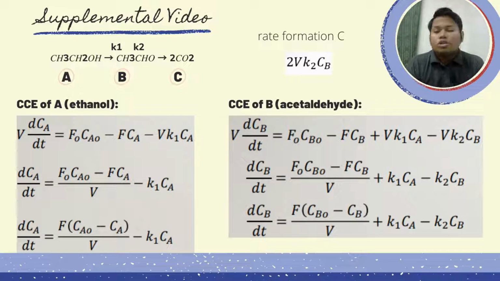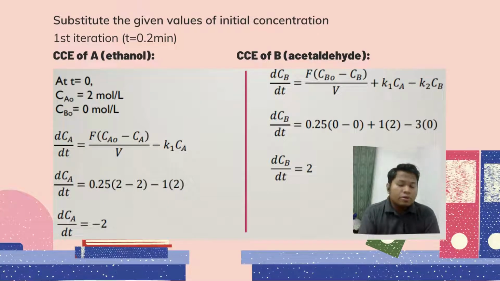So what happens if the question wants us to find the rate of formation of C? Then the rate of formation of C would be V K2 CB. After we find our CCE, we simply substitute the initial concentrations of components A and B into the CCE to get their rates of change, which are -2 and 2 respectively, for t at 0.2 minutes.